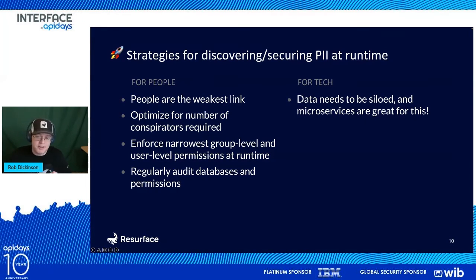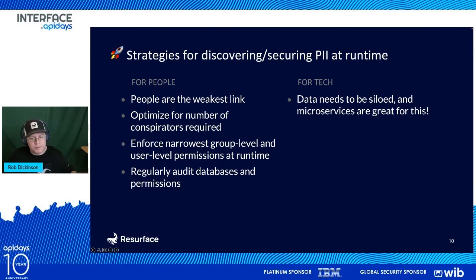On the technology side, we're moving more towards microservices. Those microservices tend to be more siloed. So from a security perspective, I'd argue that that's actually a really good thing, because that process of partitioning and siloing is exactly what we want to do for security in general and for protecting our PII in specific. So microservices are great for breaking those different kinds of data apart.